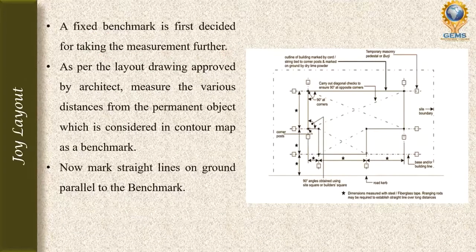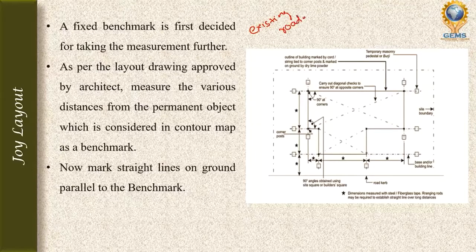So once we get the final layout, we have to fix the four corners of the building. For fixing the corners of the building, we need a fixed benchmark. This fixed benchmark is first decided for taking the measurements further. Mostly in our construction site or building site, we will take this benchmark from the existing roadways.